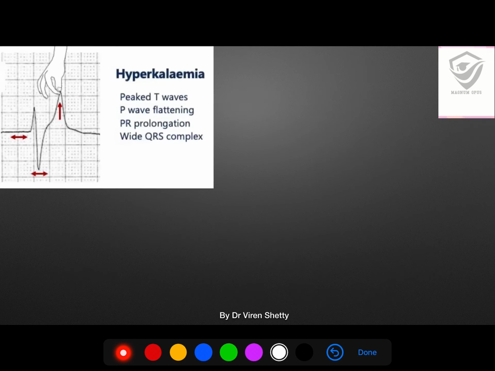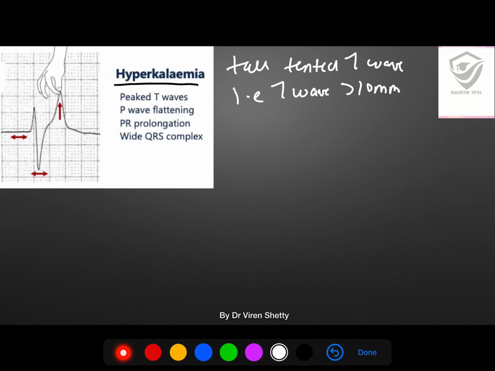So now we'll talk about hyperkalemia. In hyperkalemia, you see a tall tented T wave, that is, the T wave is more than 10 mm in chest leads and more than 5 mm in the limb leads.